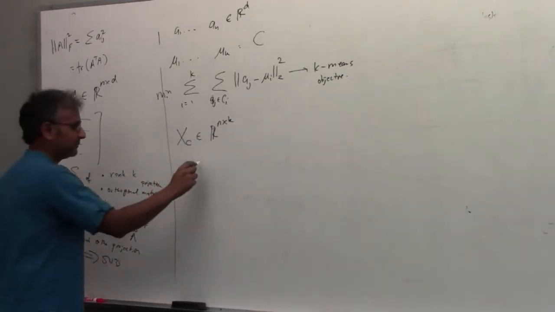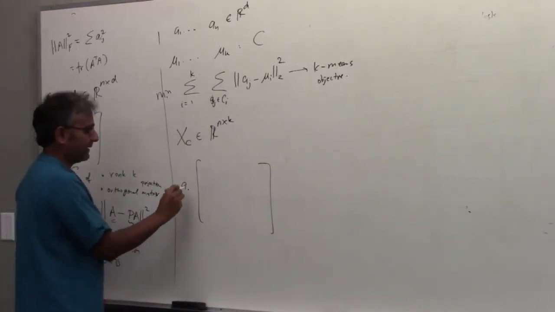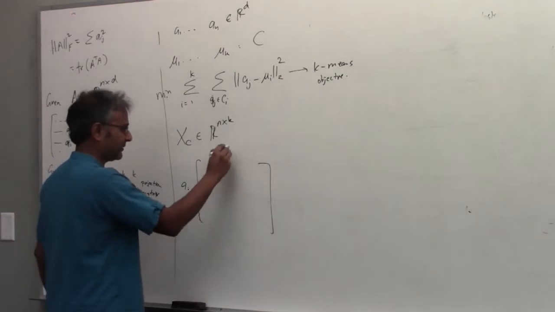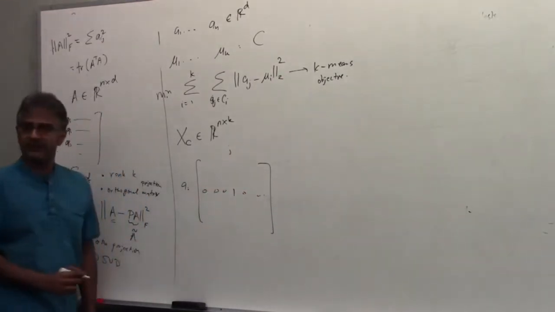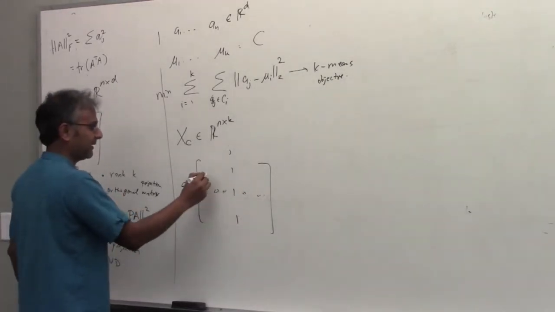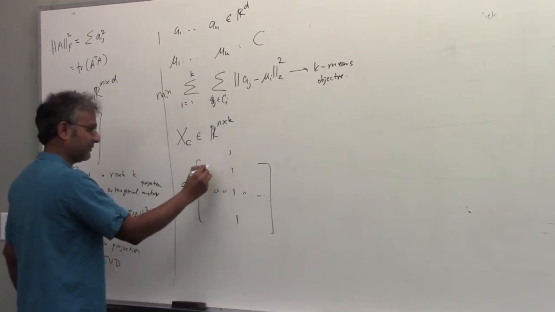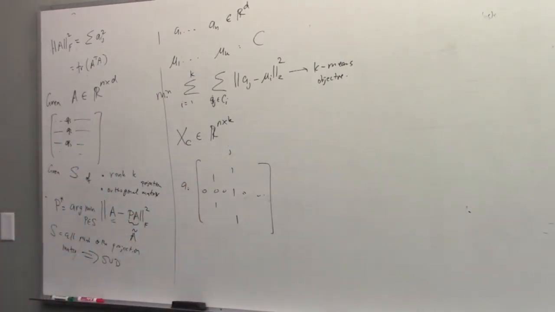For a point a_i that belongs to cluster C_j, you put a 1 there, and 0 elsewhere.